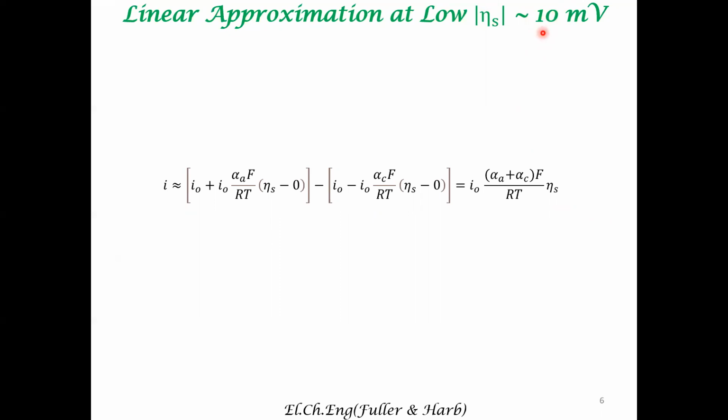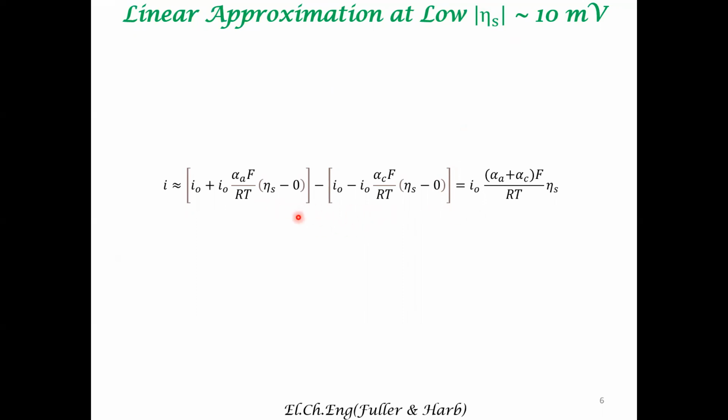In this regime, the Butler-Volmer equation can be represented as a Taylor series. You can expand the exponential via a Taylor series around zero. So the exponential will be represented by two terms. These are the two terms.